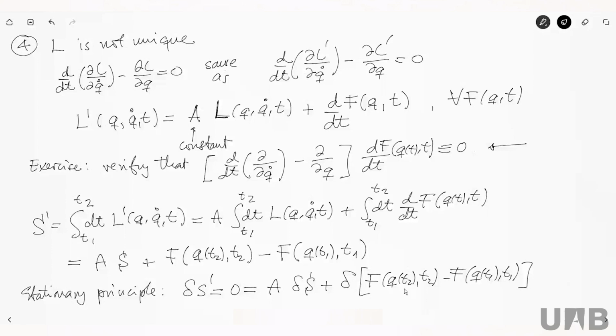Remember, this variation is with respect to the paths that connect two points, the point t1, q1 with the point t2, q2. It was the path connecting these. So what is the reason why this thing is 0?